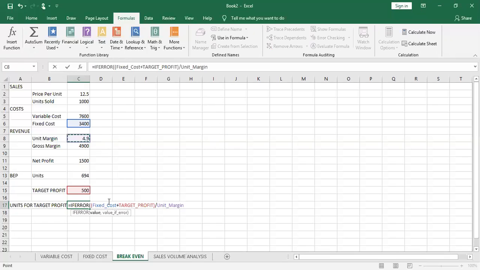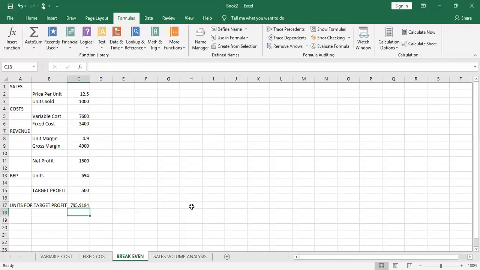So this whole thing represents the value, then comma, the value if error becomes 0, we close this. So we have IFERROR, two brackets are opened, fixed cost plus target profit, the first bracket closed, divided by unit margin, comma, 0, another bracket closed. This is the total unit to be sold to be able to make a profit of 500.